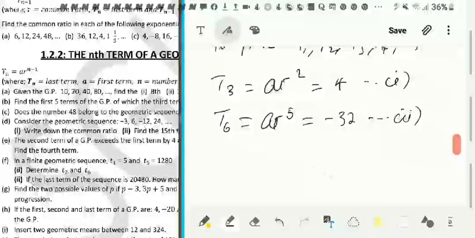Okay, so when we solve now, what are we going to be having? When you come across things like this, you have to divide one equation by the other so that things can cancel out, just like the elimination method.